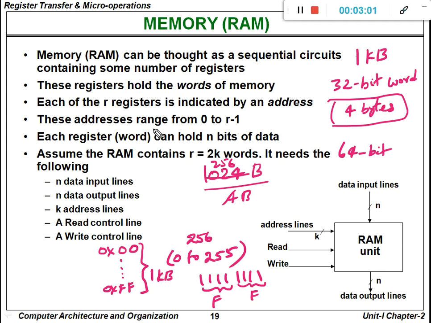The addresses range from 0 to R-1. Here it is ranging from 0 to 255, so the R value is 256.